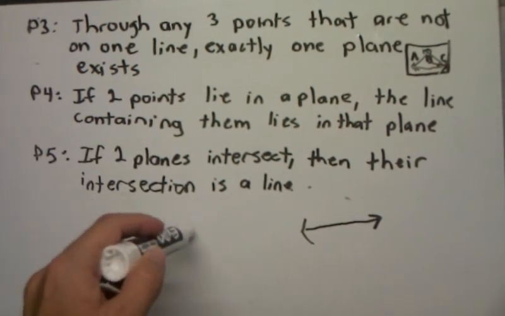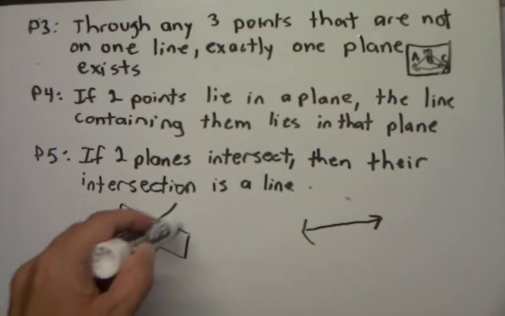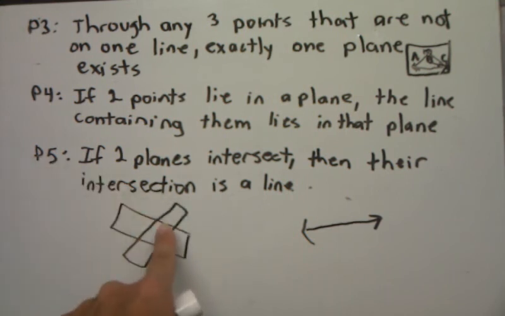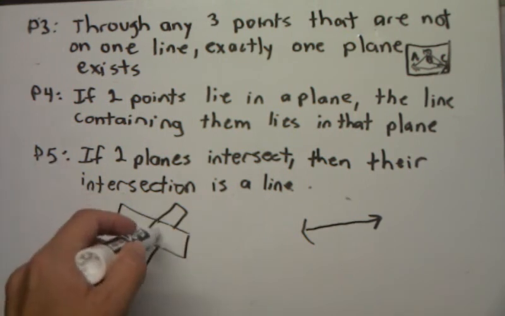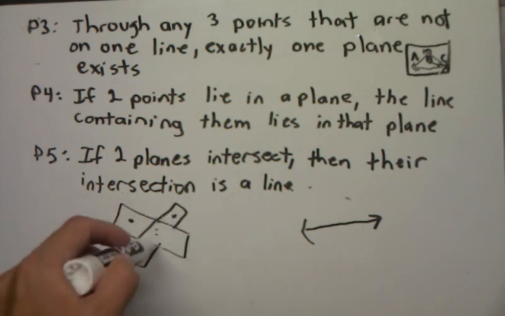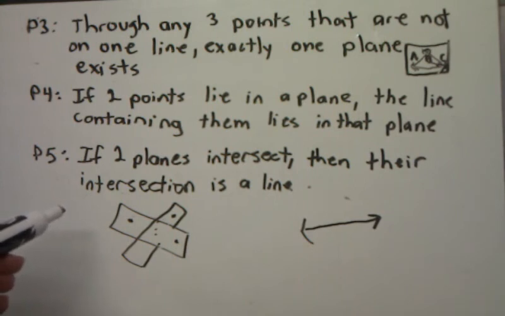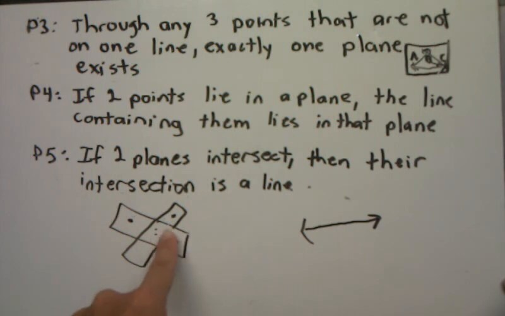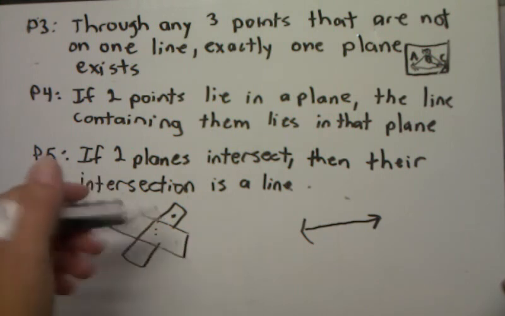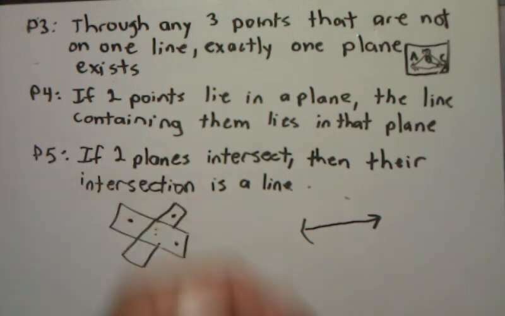What if I have this? I have 2 planes. What if I have a point here, a point there, and a point here? See, that's 2 different planes.